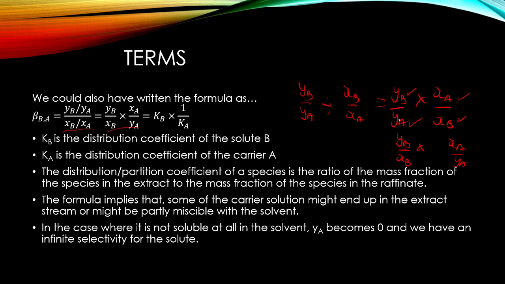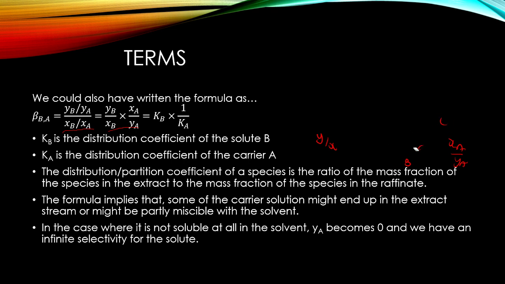Now, the reason why we are doing this is because when we have Y over X, remember we said Y is what is happening in the extract phase, and X is what is happening in the raffinate phase. So when we have Y over X, it gives us a new parameter that we call the distribution coefficient or the partition coefficient. And that is just a measure of the amount that is coming out in the extract over the amount coming out in the raffinate.